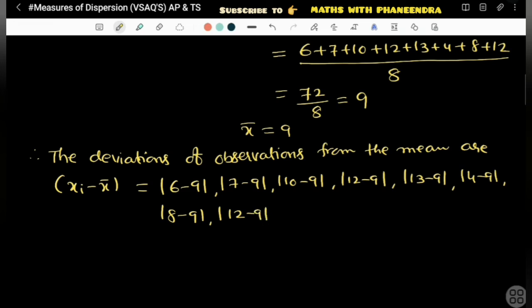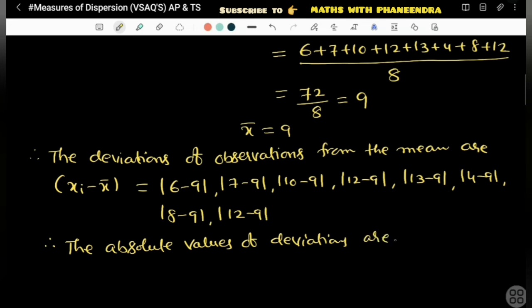So these values, if you calculate the absolute values, therefore the absolute values of the deviations are: 6 minus 9 is minus 3, but modulus is there now, so 3.